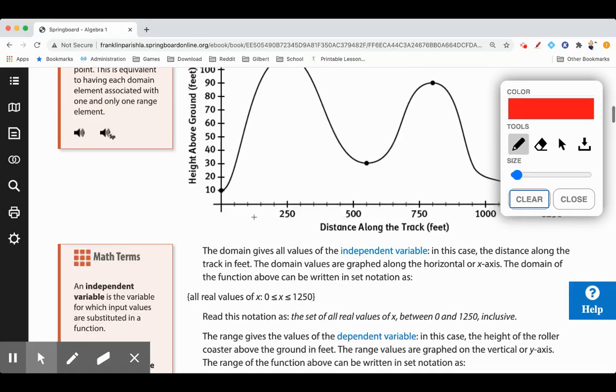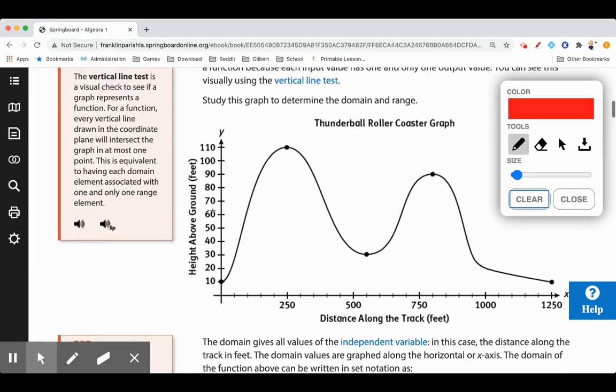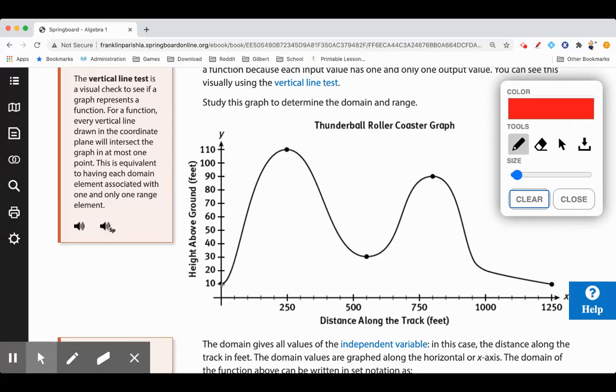Dependent variables do change. Okay, it is the variable that changes based on the independent variable. The height above the ground depends on where along the distance along the track you are. So the independent one is the distance along the track. That doesn't change based on anything. The dependent variable is the height above the ground on this graph, and it changes.